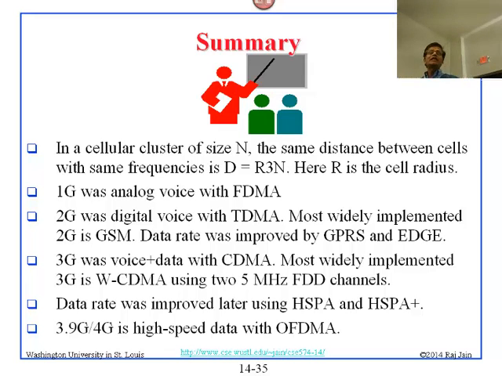So we are putting TDMA on top of it. Similarly, when I say OFDMA, I don't mean that you don't do FDMA. You probably do FDMA anyway, but then on top of that you do OFDMA as well. So same thing here, TDMA is the key new thing. Most widely implemented 2G is GSM, and data rate was improved by GPRS and EDGE.